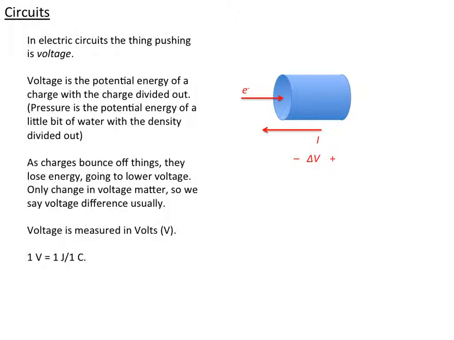So how much its energy changes divided by the charge that's getting changed tells us the voltage. We define voltage, which we measure in volts, capital V, as 1 volt is 1 joule of energy that some amount of charge has, divided by 1 coulomb. So if we took 1 coulomb of charge and moved it in such a way that it changed voltage by 1 volt, it would lose 1 joule of energy.